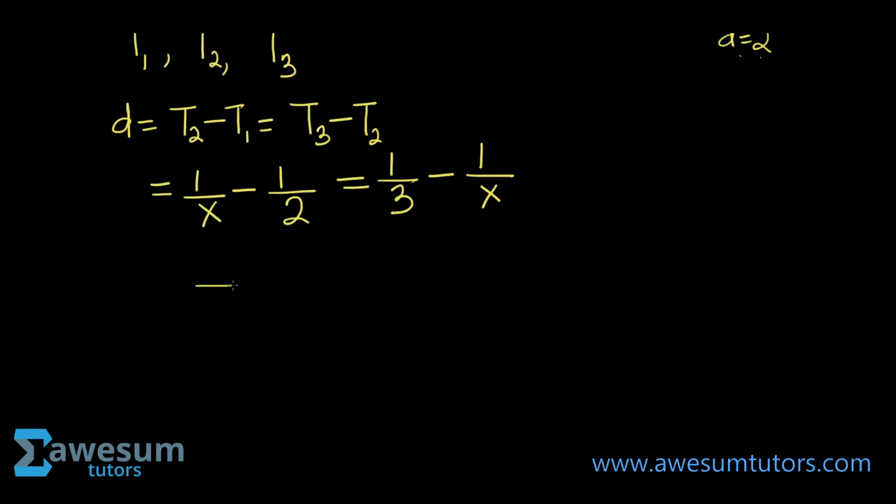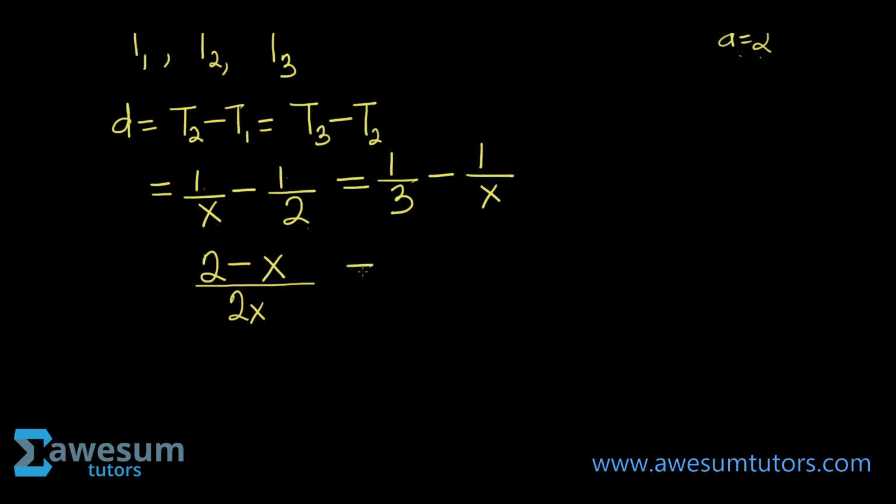If you look at this, this is subtraction of fractions. Find the LCM of x and 2, that is 2x. x goes into 2x, leaving 2. 2 times 1 is 2, minus 2 into 2x is x, x times 1, that is x.